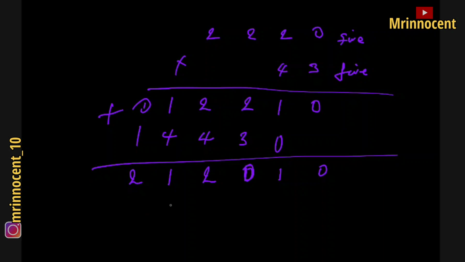So you have 212010, all in base 5. More examples.